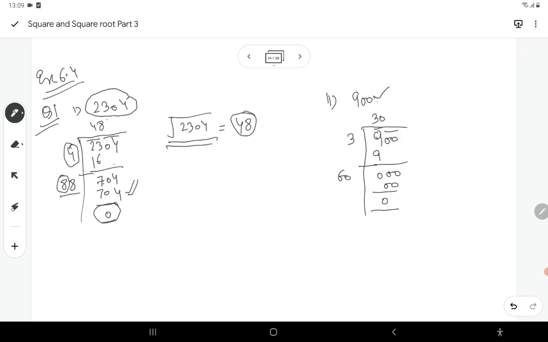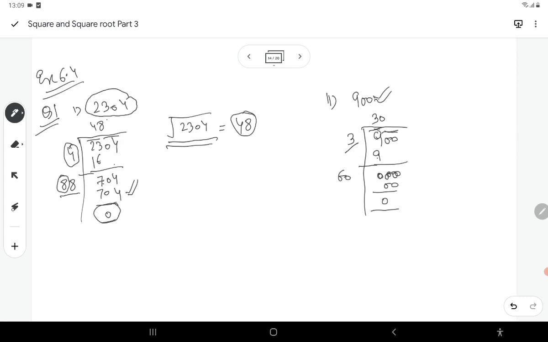Next part is find the square root of 900. So first of all make the pairs: 2 zeros as one pair and 9 as one pair with a bar. So now we know that 3 3s is equal to 9. So bring down the remainder as zeros.